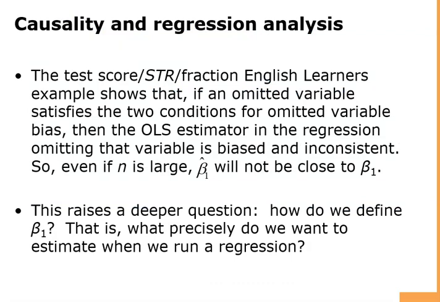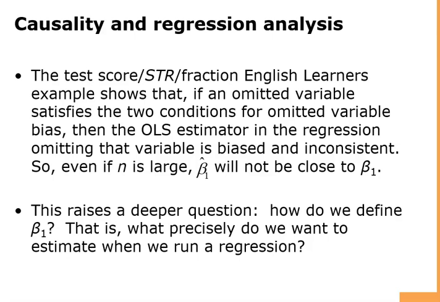Now, causality is very important in regression analysis. So the test score and student-teacher ratio and fraction of English learners example shows us that if an omitted variable satisfies the two conditions for omitted variable bias, then the OLS estimator in the regression omitting that variable is biased and inconsistent, and that is simply because of the correlation which arises between X and U, or in our example, between the student-teacher ratio and the fraction of English learners.